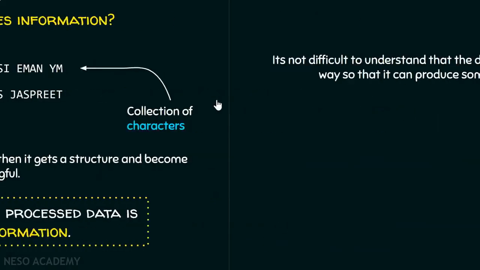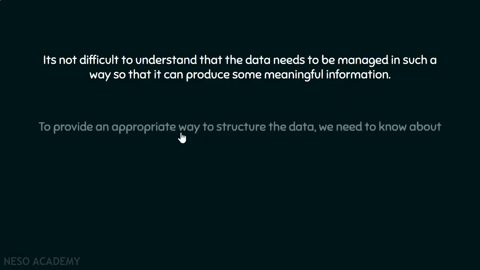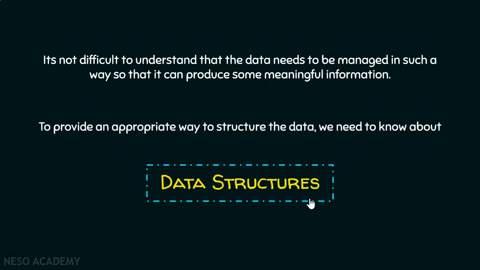Now, it is not difficult for us to understand that the data needs to be managed in such a way so that it can produce some meaningful information. We need to arrange our data, we need to manage our data in such a way so that we can produce some meaningful information. To provide an appropriate way to structure the data, we need to know about data structures.